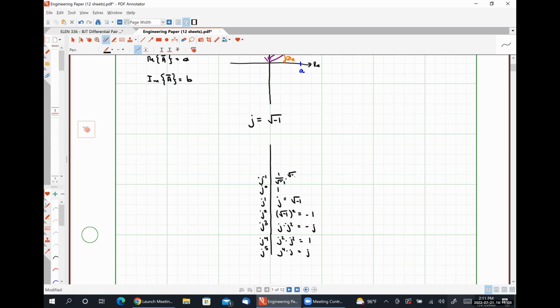And if we multiply this by the square root of negative 1 over the square root of negative 1, this becomes negative J. J to the minus 2 is just 1 over J squared, which is negative 1.